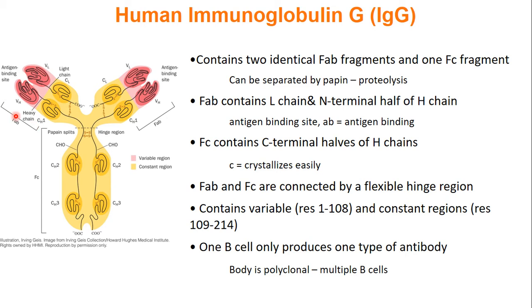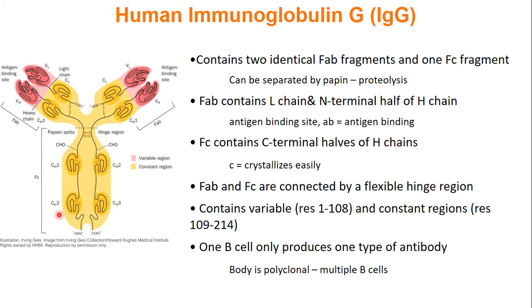So the Fab region is called ab for antigen binding region. You have your entire light chain, which is shown here, and you also have the N terminus of your heavy chain. So at the end, this red is where you're binding antigens.